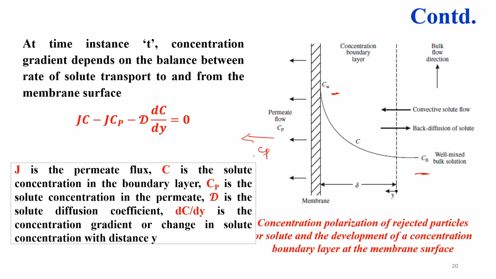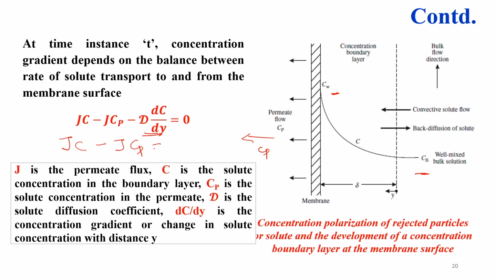Now, we can do this simple mass balance. What is coming in is J into C, what is going out is J into Cp, and the rate of accumulation we are defining using Fick's law of diffusion.